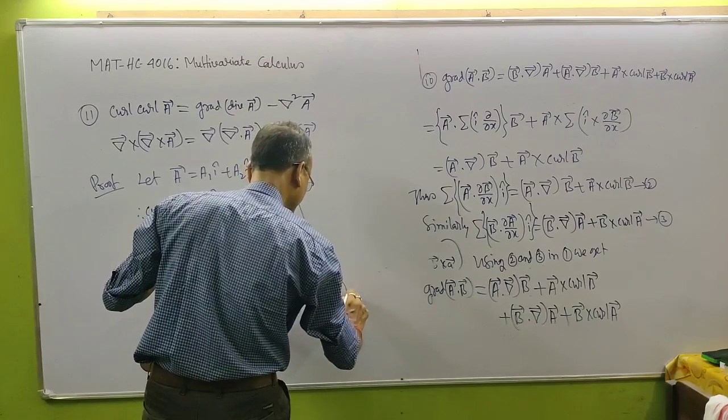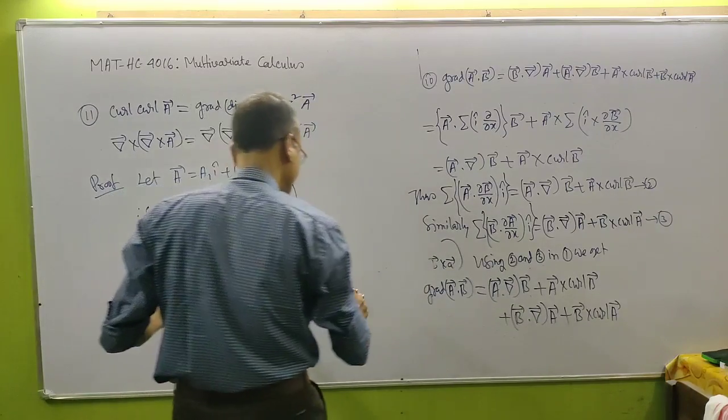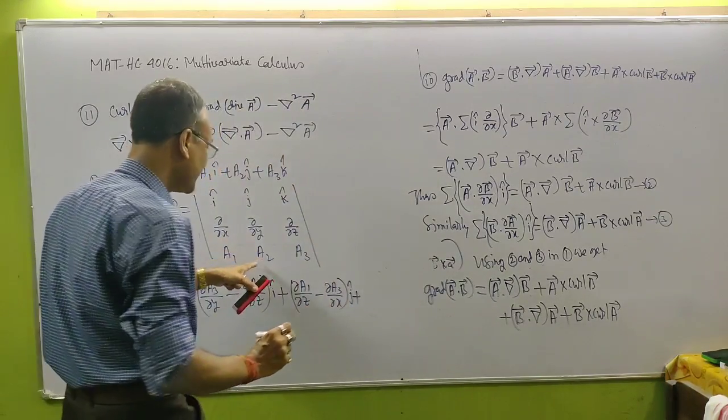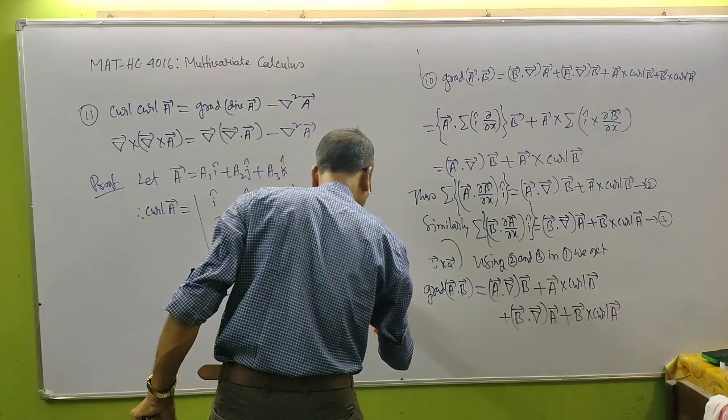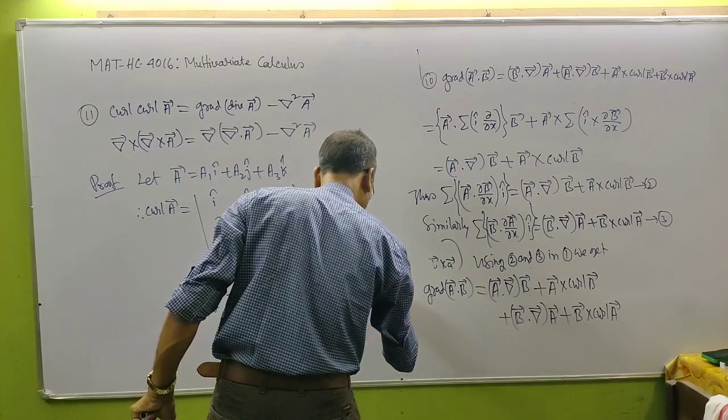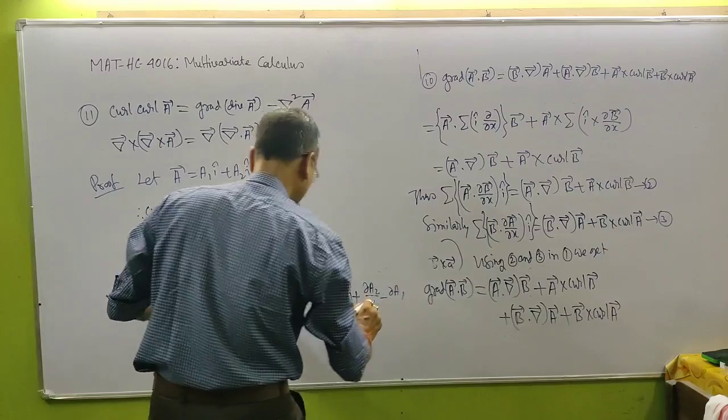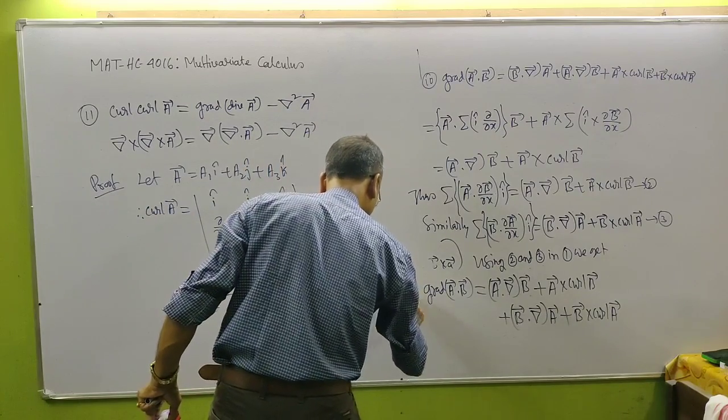j cap plus del A2 by del x minus del A1 by del y. Okay.